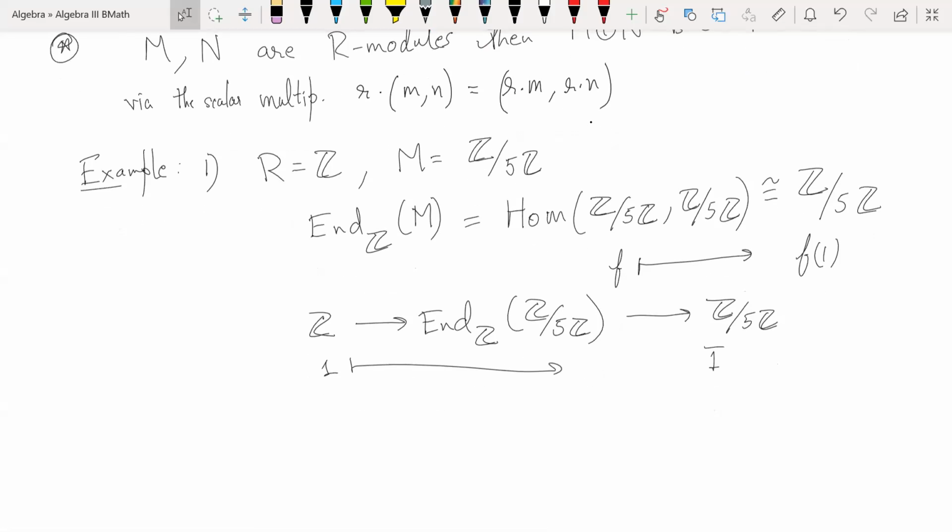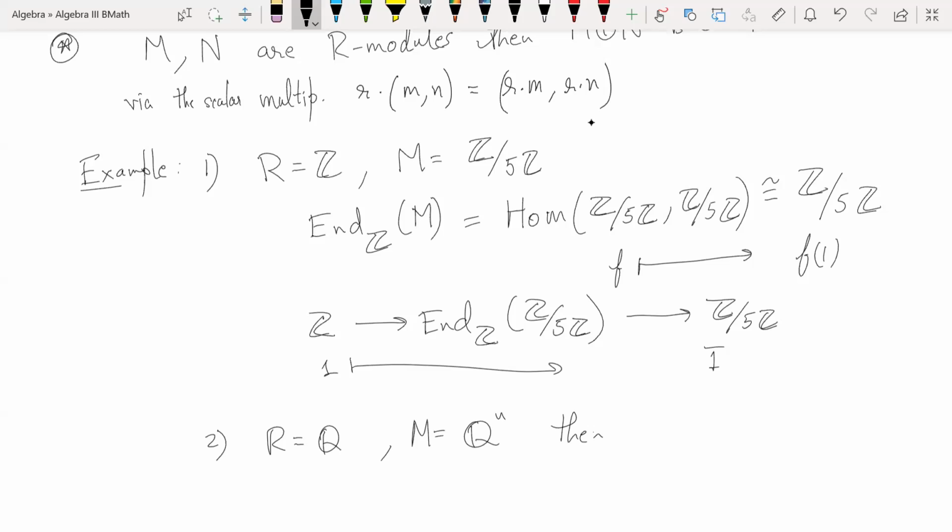So this is far from injective, and if you take something reasonable, then you will get injective. For instance, if R is a field and M is a vector space, so maybe R equals Q and M equals Q^n.